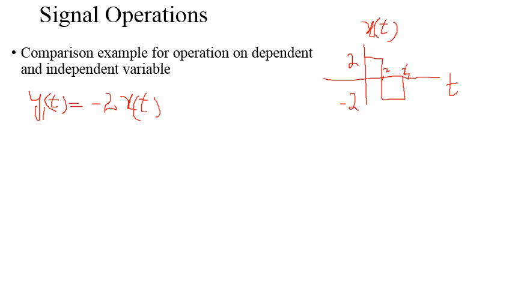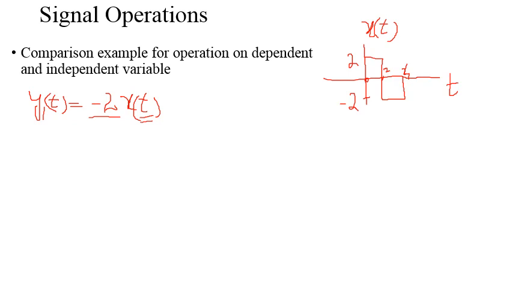Because we are doing no operation on t here, you understand this is basically the operation performed on the dependent variable, right? The signal is defined as shown here. That means from 0 up to 2, this signal has amplitude of 2, and from 2 up to 4, this signal has amplitude of -2.